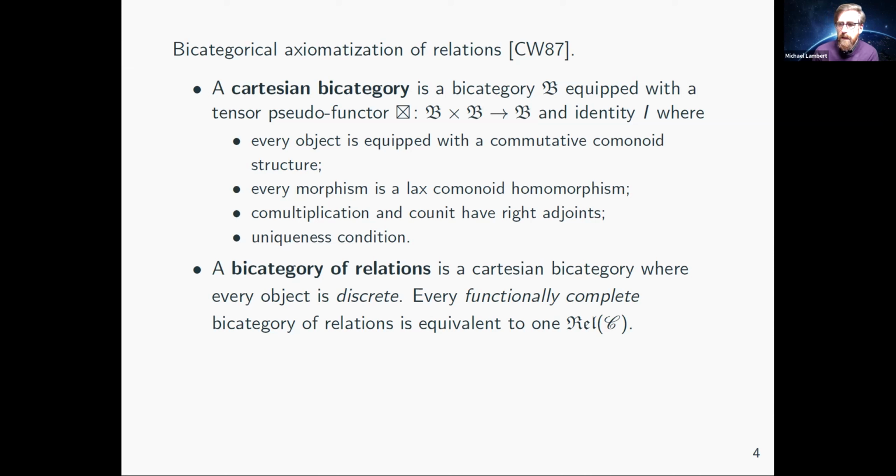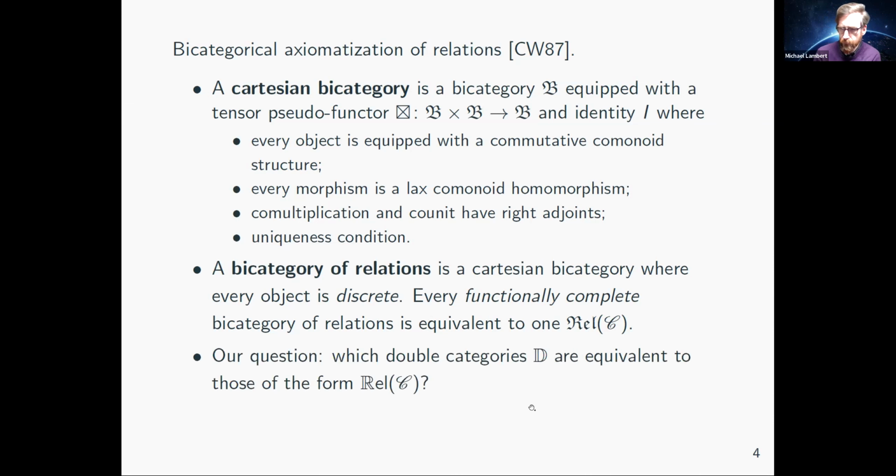But this was my inspiration, and we can see that Carboni and Walters did this. They had this nice definition of a Cartesian bicategory, of a bicategory of relations, and then they said that bicategories of relations with this extra property of being functionally complete are precisely relations on a regular category.